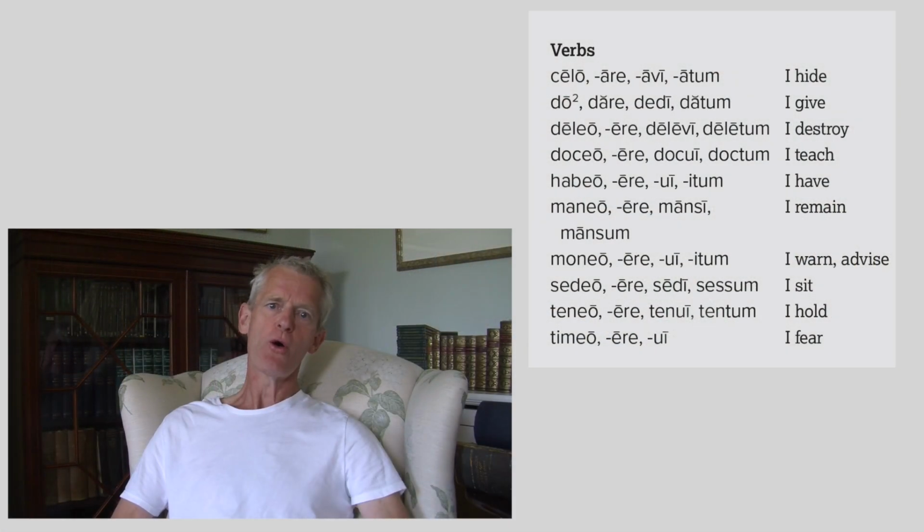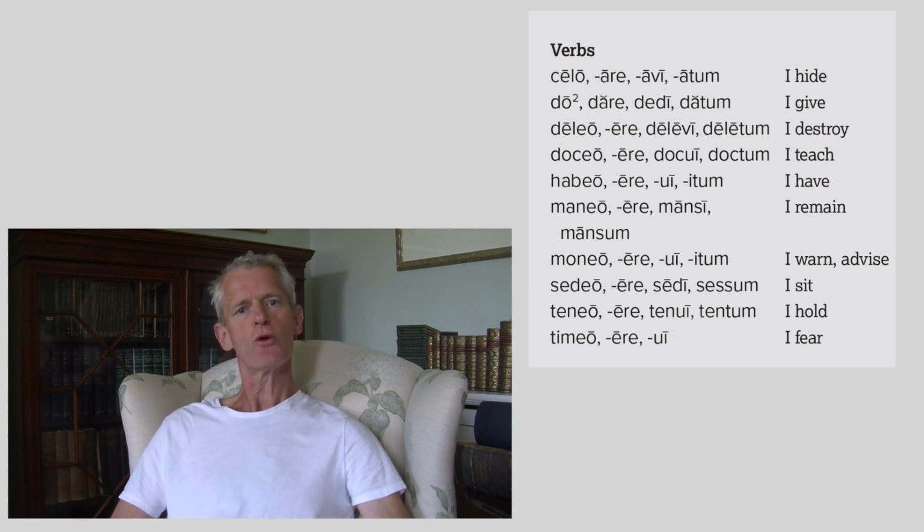It goes doctum. So this is really just a reminder to you that when you learn a Latin verb, you need to learn the verb itself and its meaning, but you must also learn its principal parts. So, moneo, monere, monui, monitum means I warn or I advise.